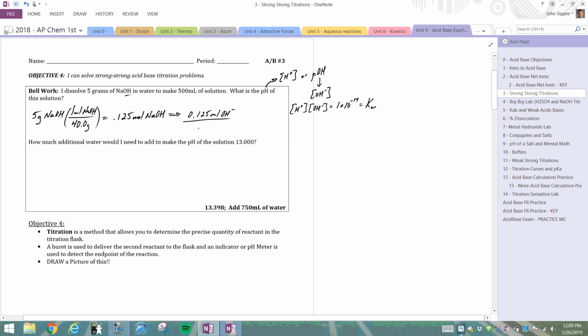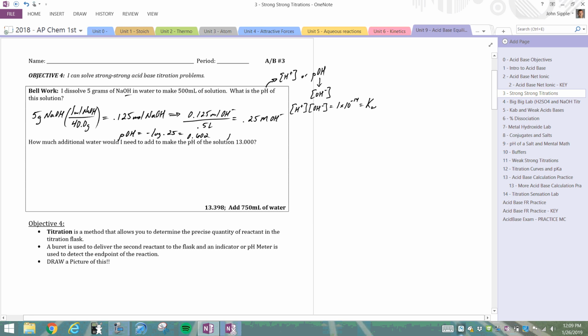And if we divide that by the volume, 0.5 liters, we got the concentration of OH, which would be 0.25 molar for OH minus. All right, so then we can figure out what the pOH is. That's the way I like to go. So pOH would be equal to negative the log of 0.25, which is 0.602.